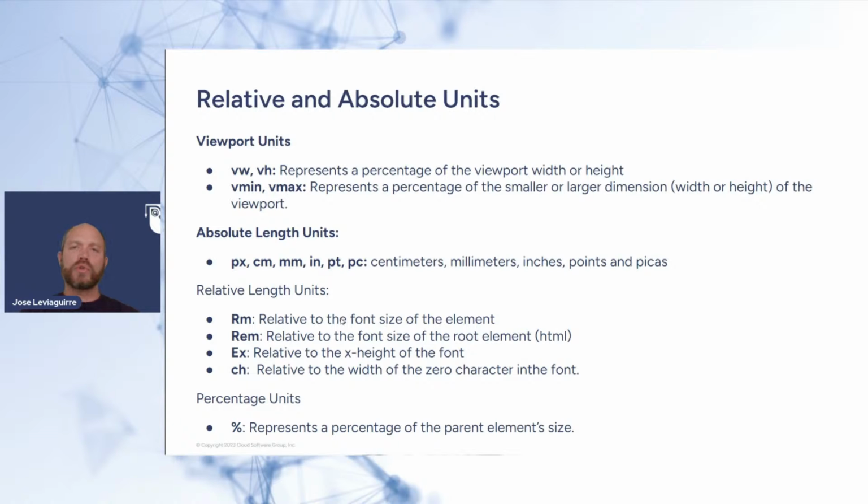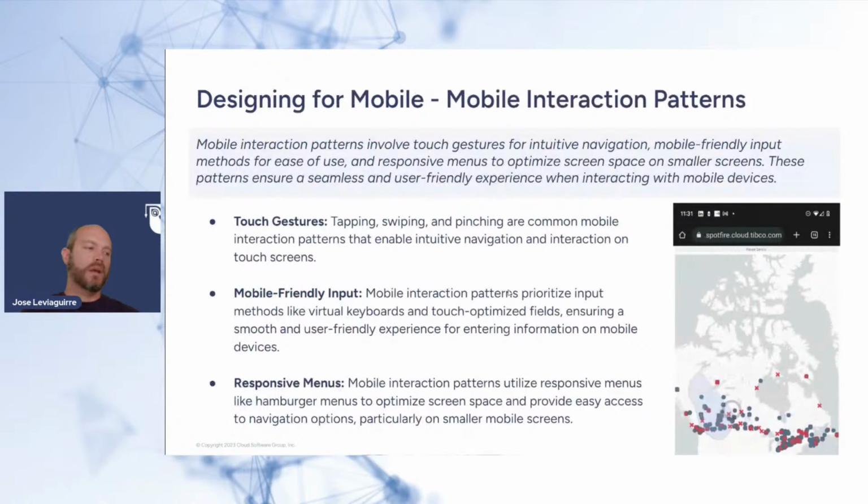But the relative length units are very useful for mobile design. So we have the rem, em, ex, and ch. These are relative to the font size of the element or to the root element or the height of the font. So these are font-related units. And finally, we have the percentage that represents the percentage of the parent element's size.